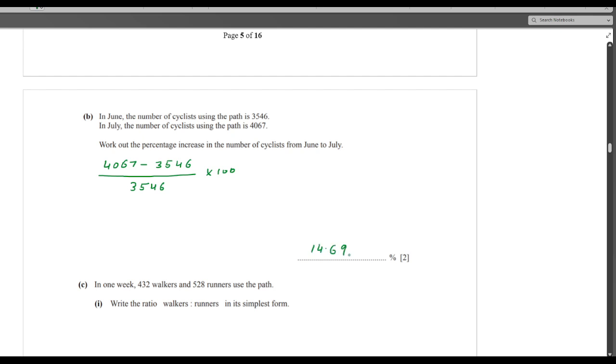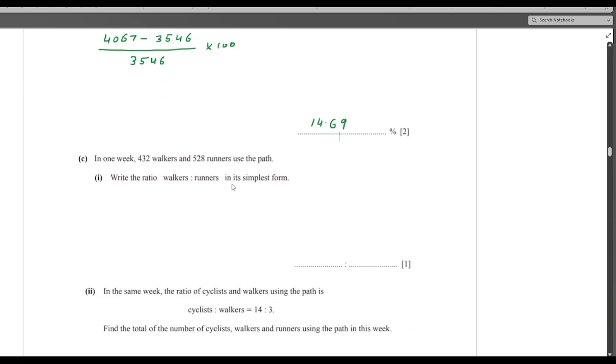is your result. In 1 week, 432 walkers and 528 runners use the path. Write down the ratio of walkers to runners in the simplest form. So 432 walkers and 528 runners.